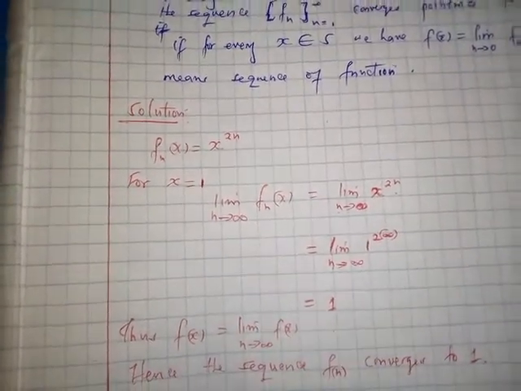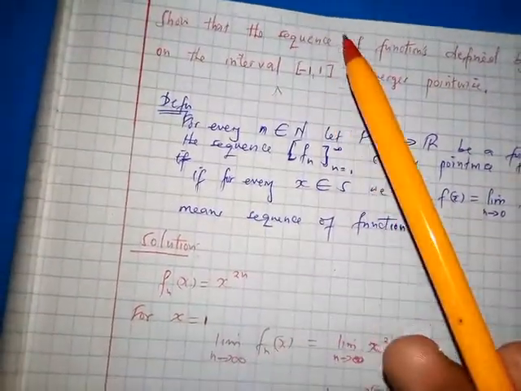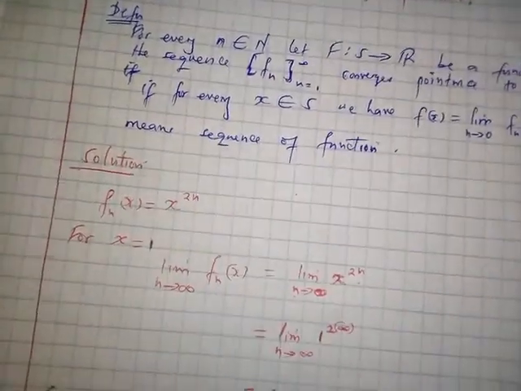After that, we move to x equals negative 1. Remember, we started with 1, now negative 1.